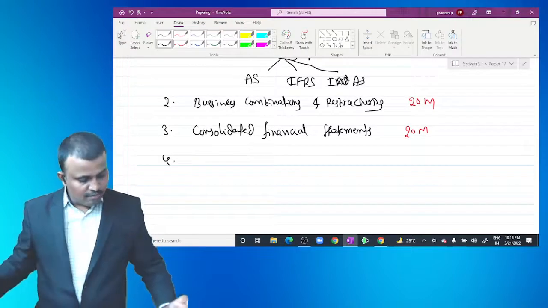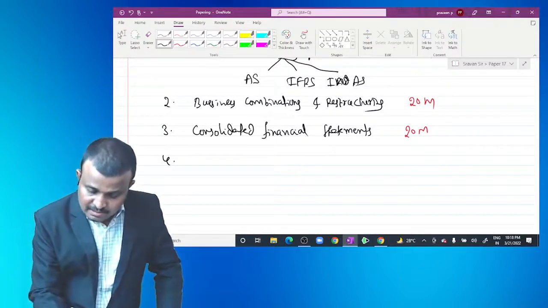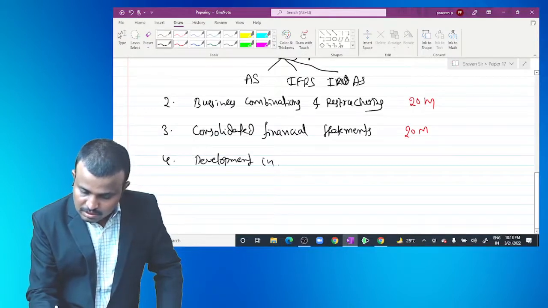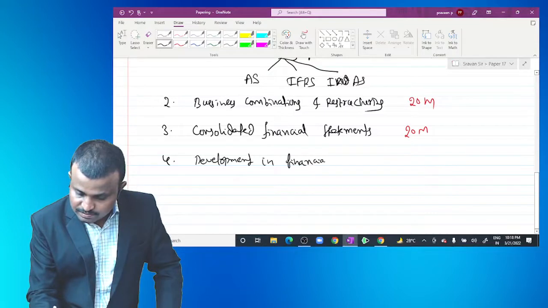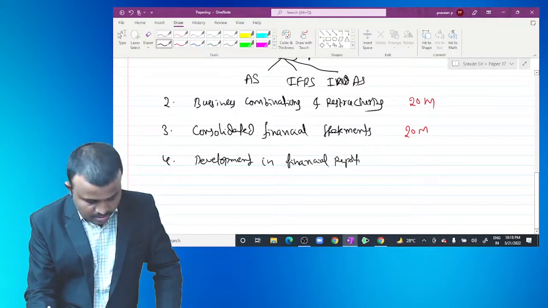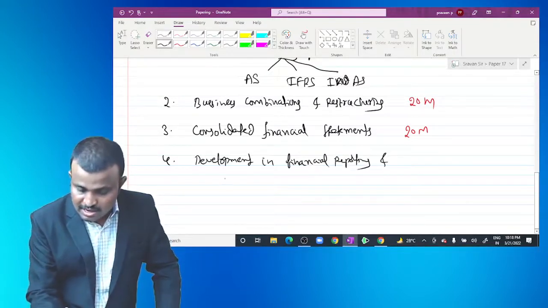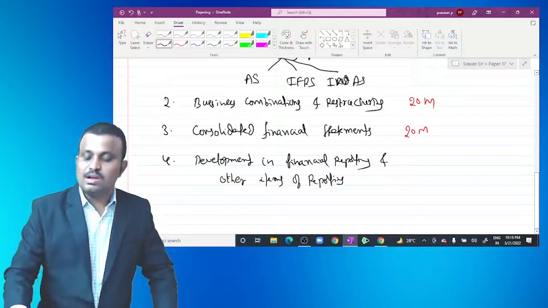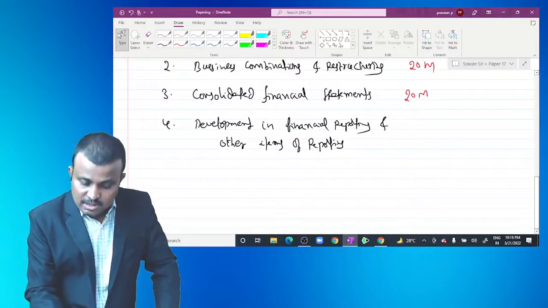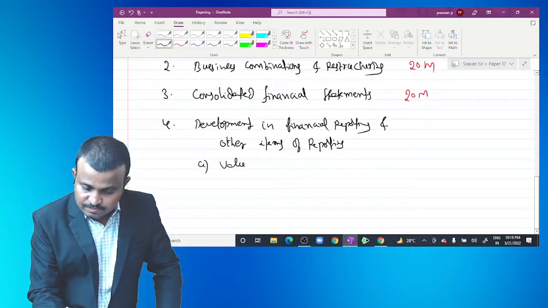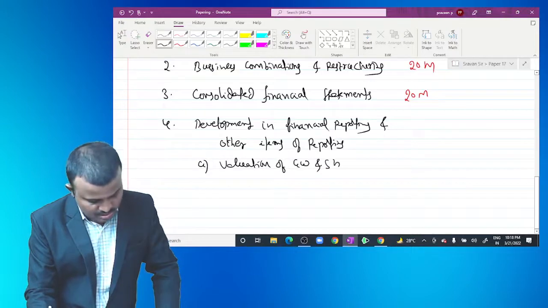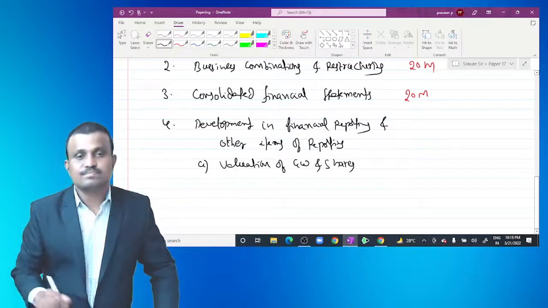Then coming to the fourth part, developments in financial reporting and other items of reporting. In this case, we will discuss the valuation of goodwill and shares.